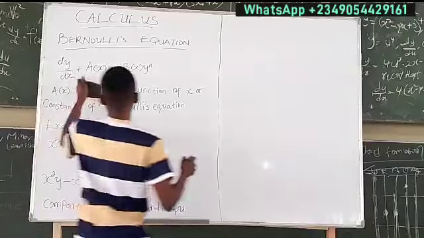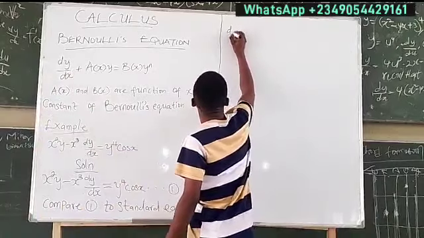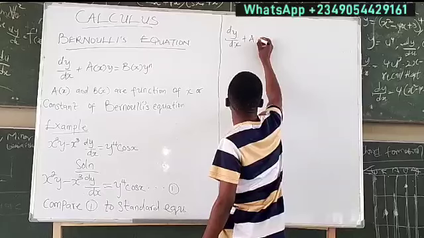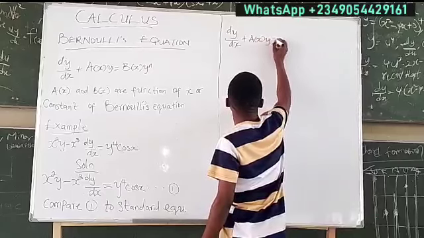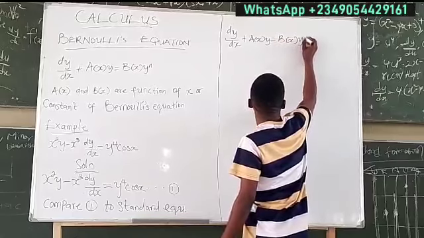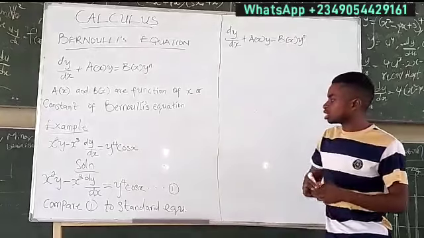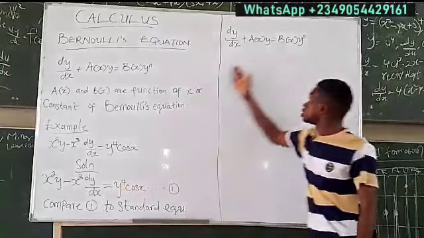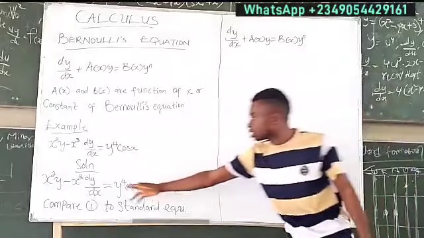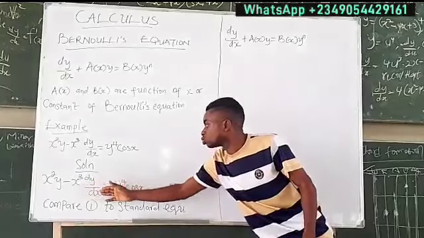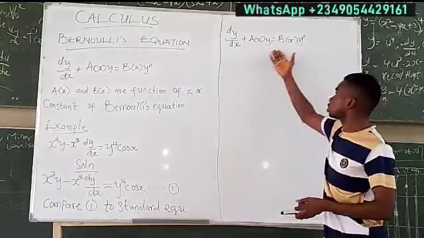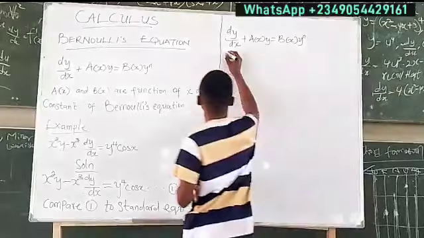So from Bernoulli's we have that dy/dx plus a(x)y is equal to b(x)y^n. We can see that, comparing it with the standard equation, they are not alike, because our dy/dx is on this side. So what we are going to do is rearrange the equation so that it looks like this form.